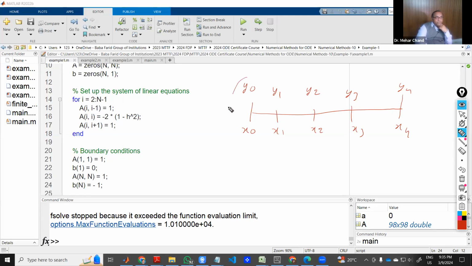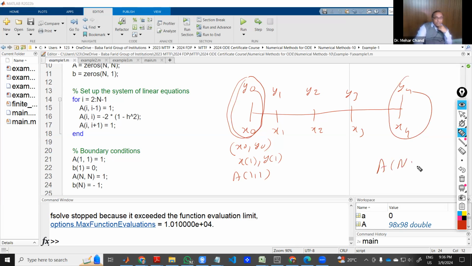So these values, X0 and Y0. And in the case of index, this will be 1, 1. When you are using index, this will be X1, Y1. And in the matrix, this will be A11. Okay, so values corresponding to this one and this one. This will be NN, the last value at this point, A, N, and N. So these values are equal to 1.